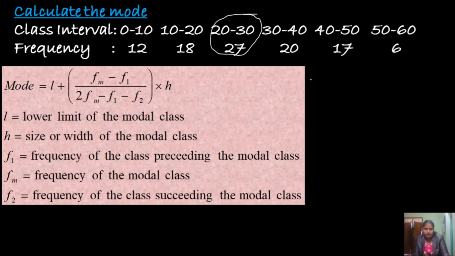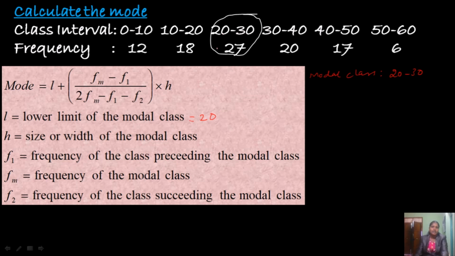Here L represents the lower limit of the modal class. 20 to 30 is my modal class, so 20 is the lower limit and 30 is the upper limit.